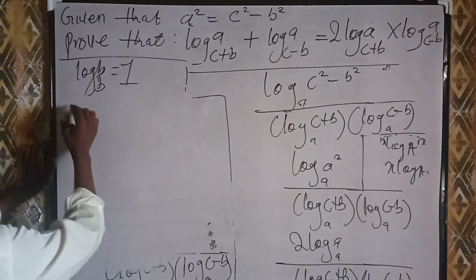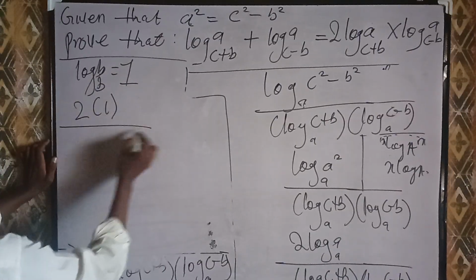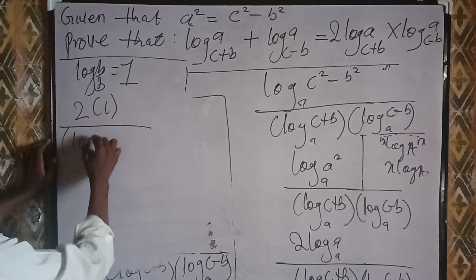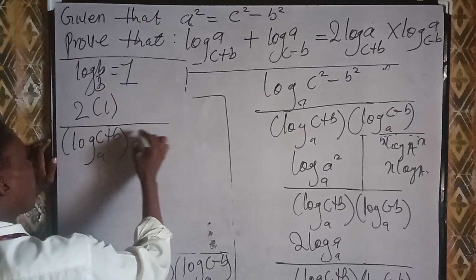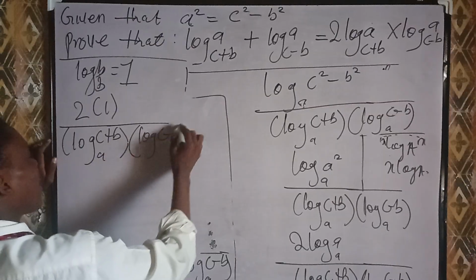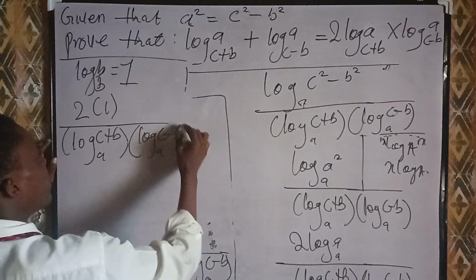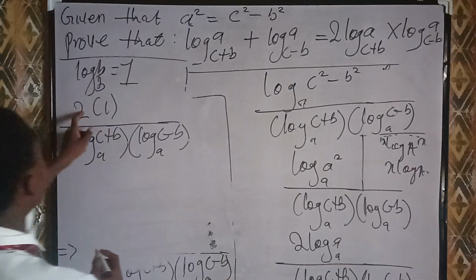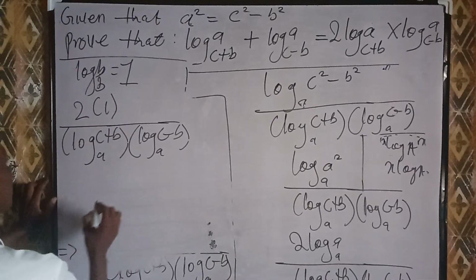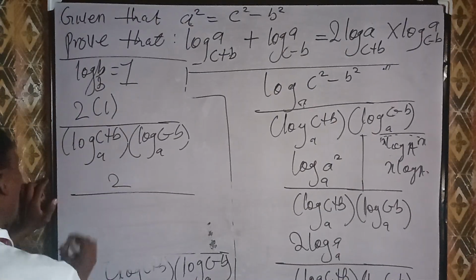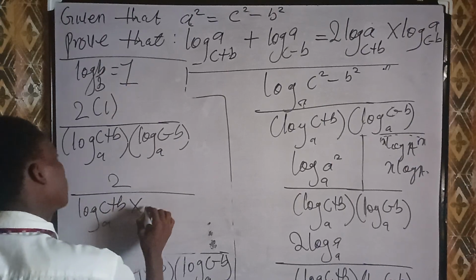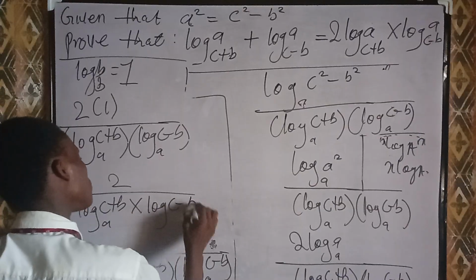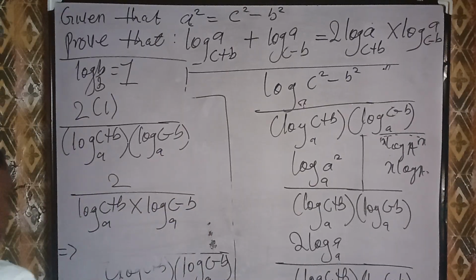So here we have 2 into 1, all divided by log_A(C+B) multiplied by log_A(C−B). So 2 times 1 here gives us 2. So this becomes 2 upon log_A(C+B) times log_A(C−B).